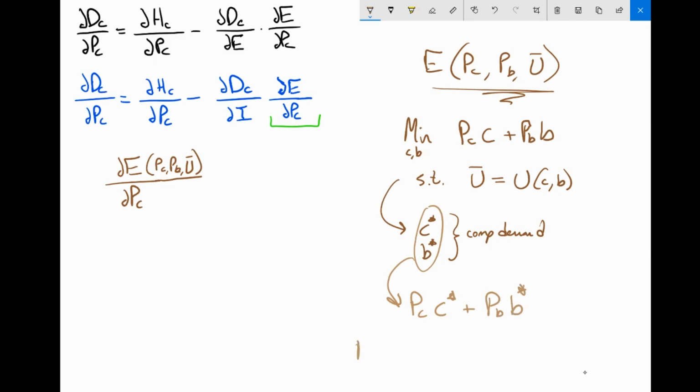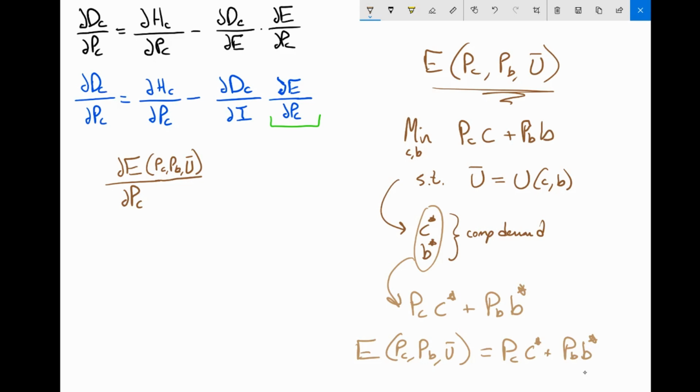All right, so then this function E of PC, PB, U is equal to PC C star plus PB B star.